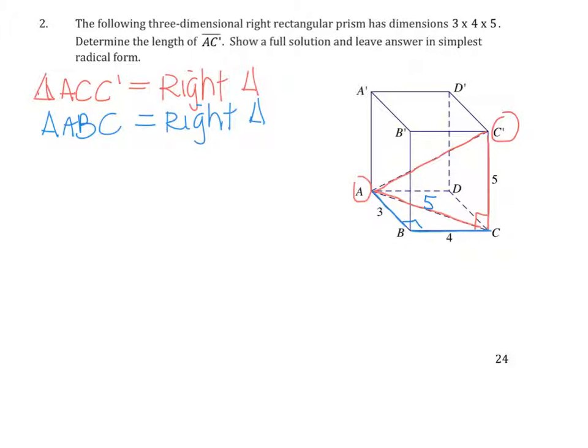That hypotenuse also serves as the length of the leg of the triangle ACC prime. So now I have two values of the legs, and the length AC prime is the hypotenuse across from the right angle. So I'm going to use 5 squared plus 5 squared is equal to AC prime squared.